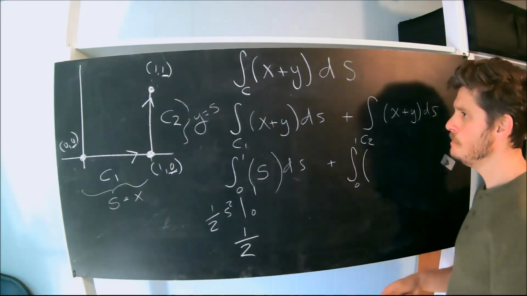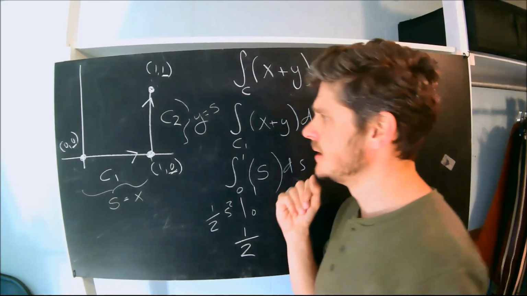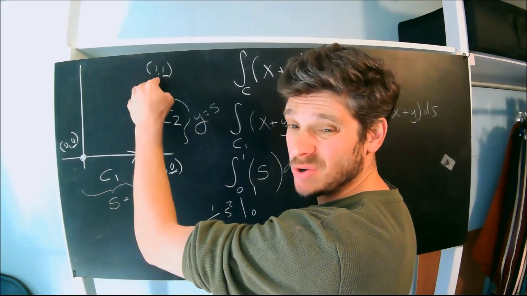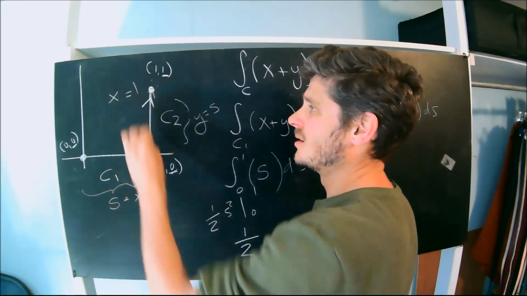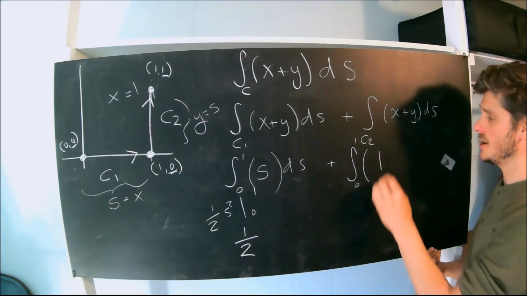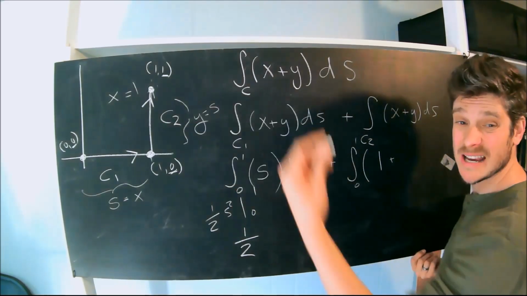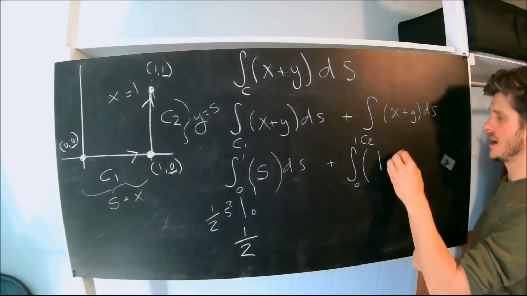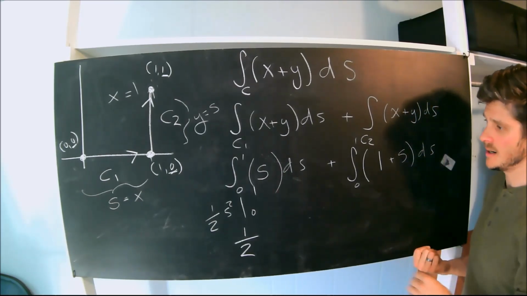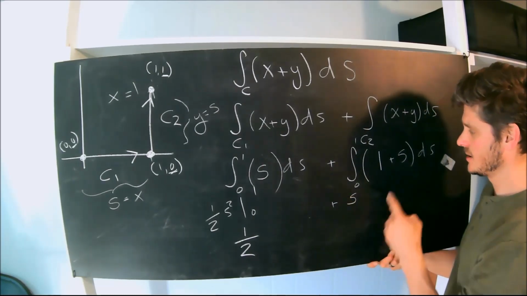So I'm integrating from 0 to 1. X is, well, in this case, my x doesn't change. If it's that vertical line up and down, x is always equal to 1. So x becomes 1 plus y. Well, we just said that y and s are the same thing because it's that vertical line. ds.